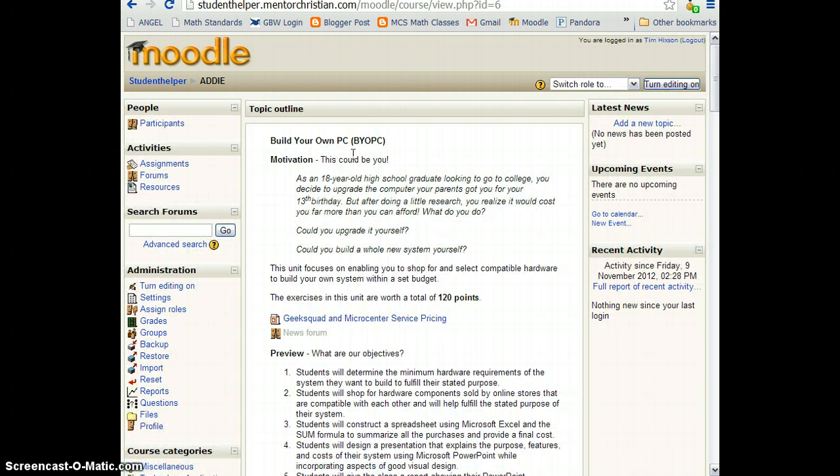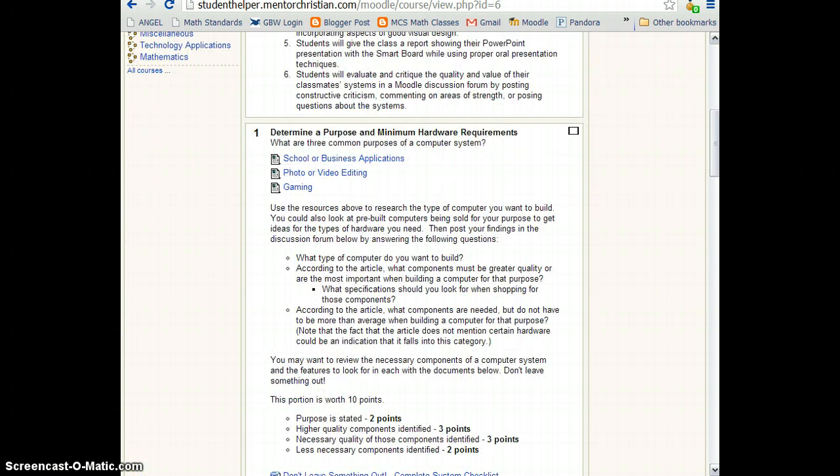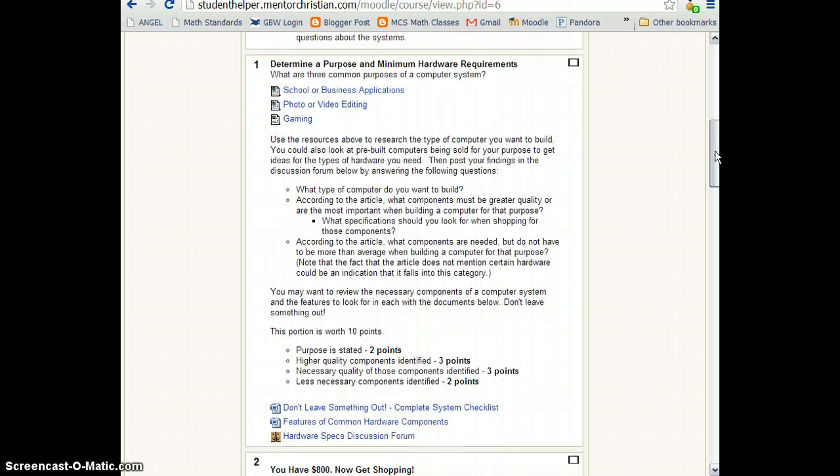And you see here's our Build Your Own PC. We had a motivational exercise. And then I outlined for them the different tasks that they had. I gave them some articles to read, and they could choose from one of these 3 applications. I gave them a system checklist to make sure that they knew exactly what things went into a system in case they had forgotten.